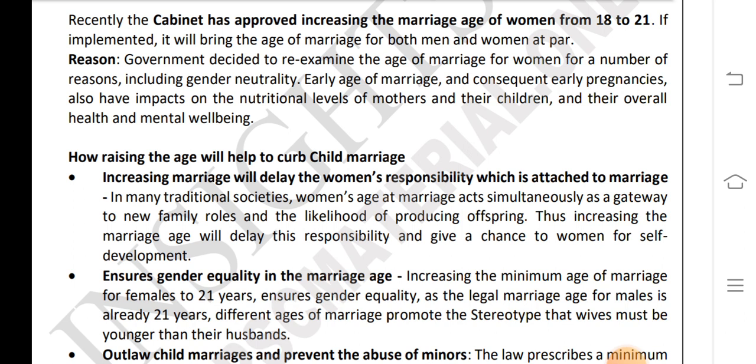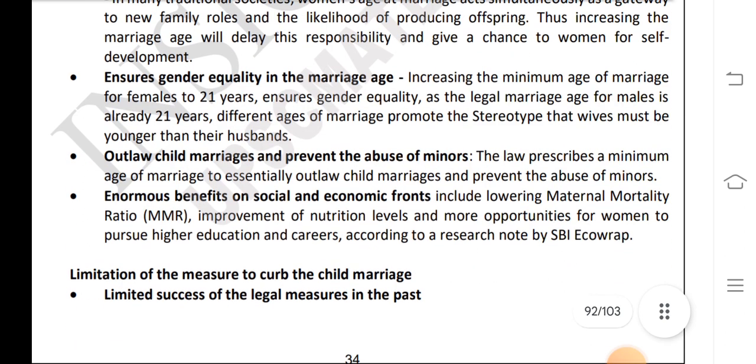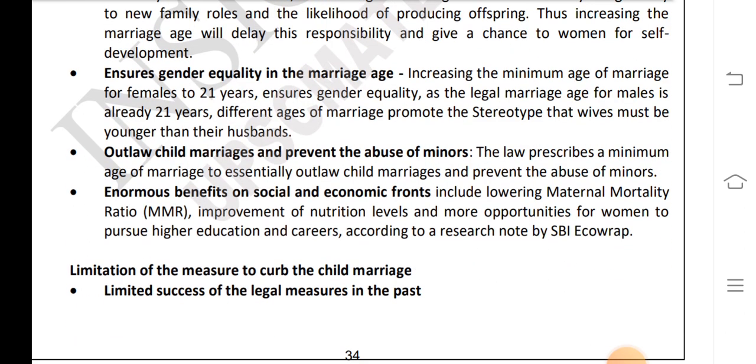Early pregnancies also impact the nutrition and development of mothers and their children, and their overall health and mental well-being. Raising the age will help curb child marriages and delay the responsibilities attached to marriage.